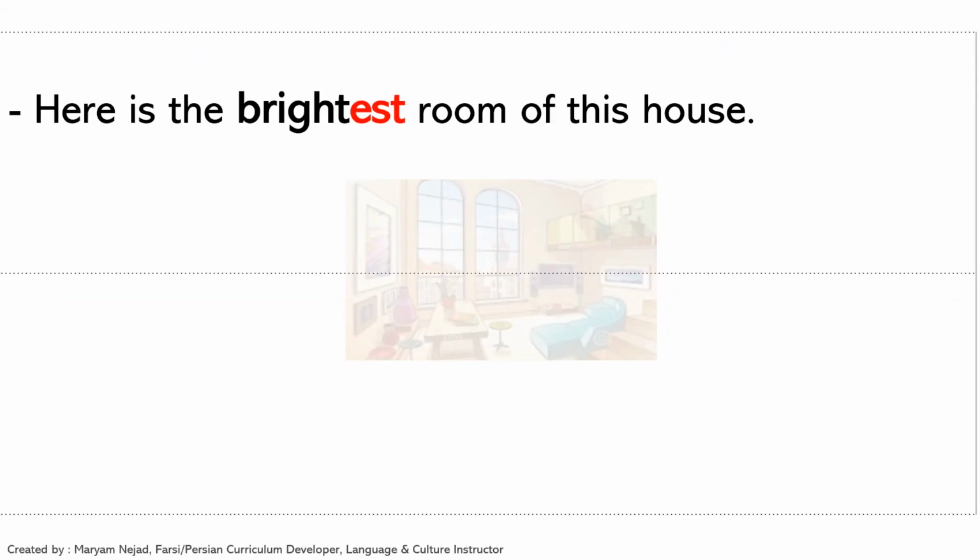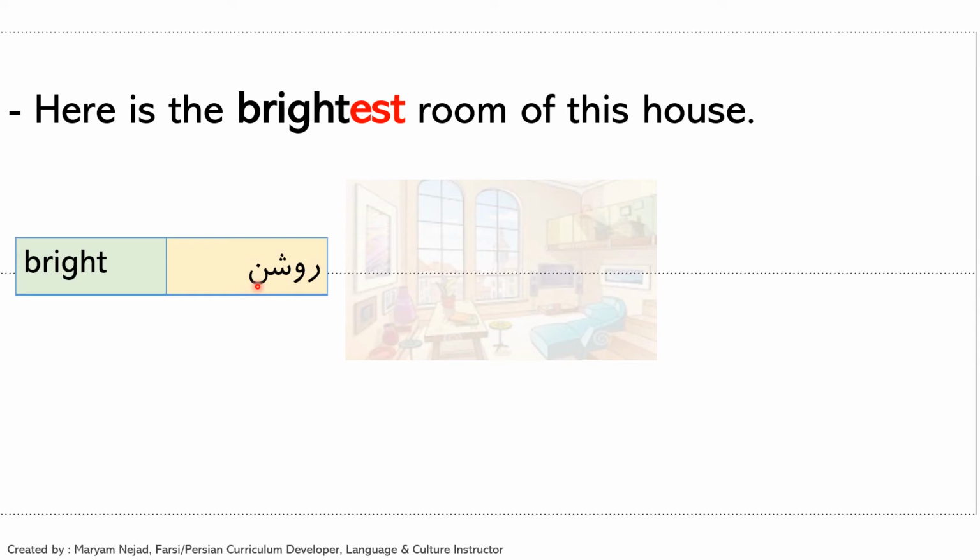Let's take a look at an example with superlative adjectives. We want to say, here is the brightest room of this house. Let's say you're showing a house to someone and you're like, here is the brightest room. All right, so bright is روشن. So we need to add the suffix ـترین to it to make it superlative. And here are the vocab.